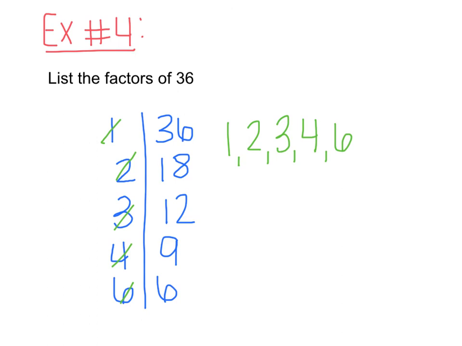And now I'm going to work my way from the bottom to the top in my second column. And I don't need to count 6 again because it's the same number. I don't need to count the same number twice. So 9, 12, 18, 36. Okay, so those are the factors of 36.